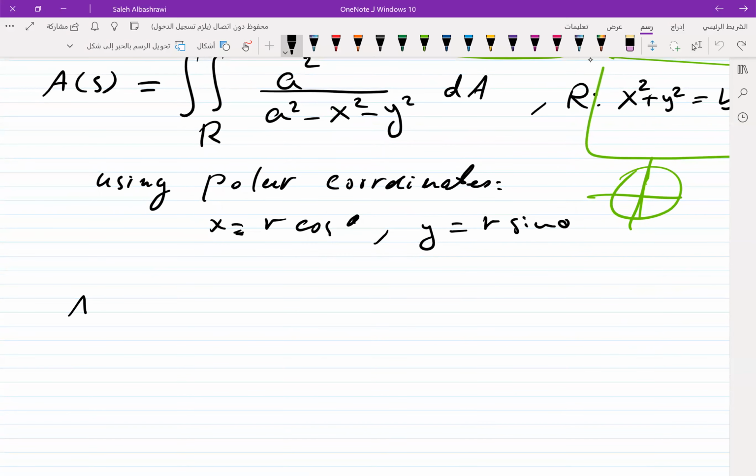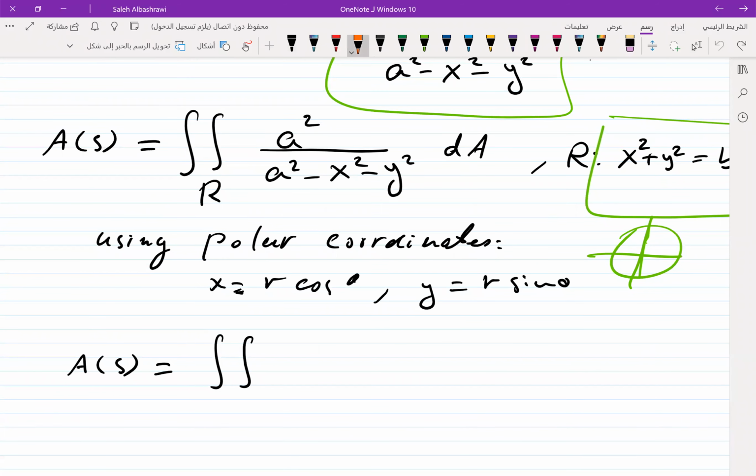So AS is equal to, I forgot to write, this should be under the square root.